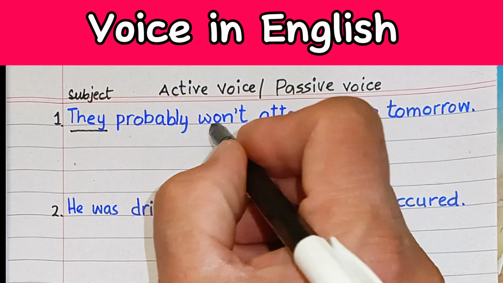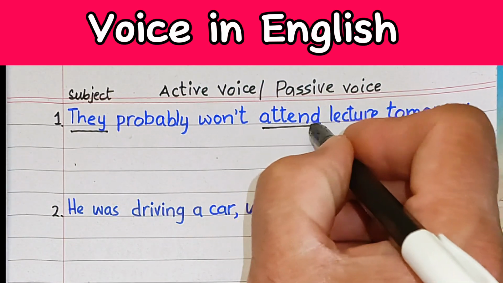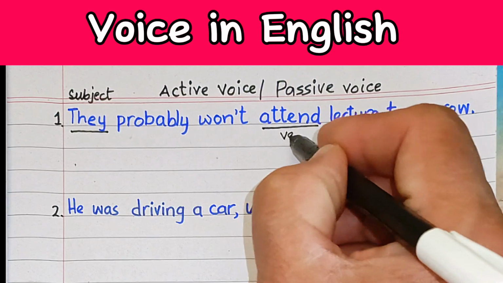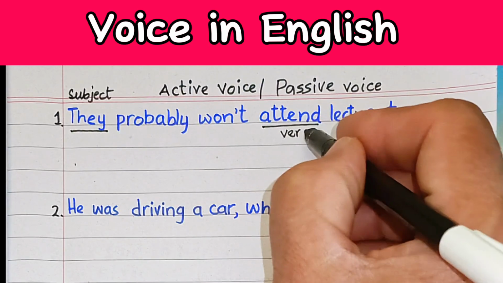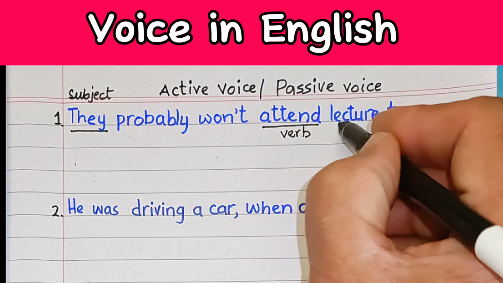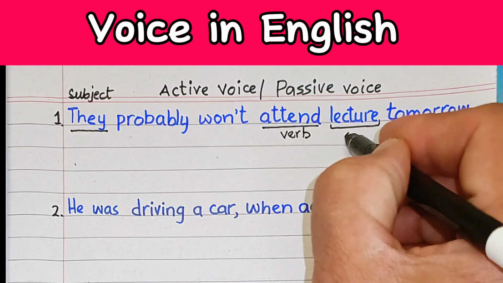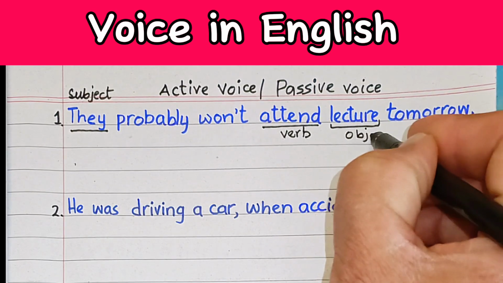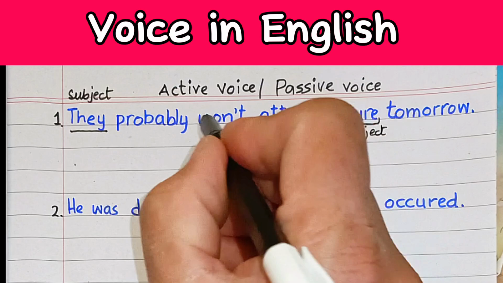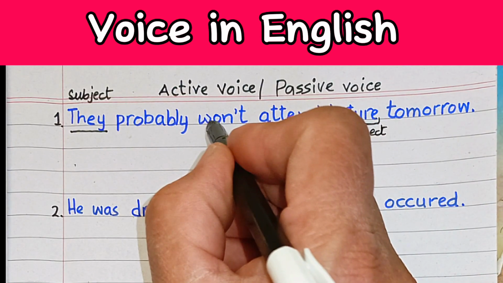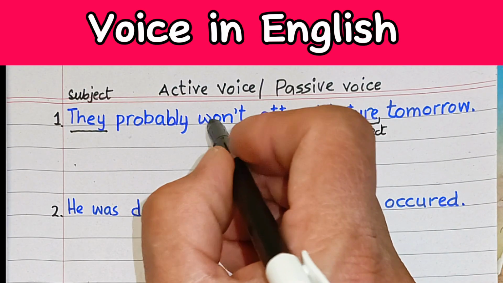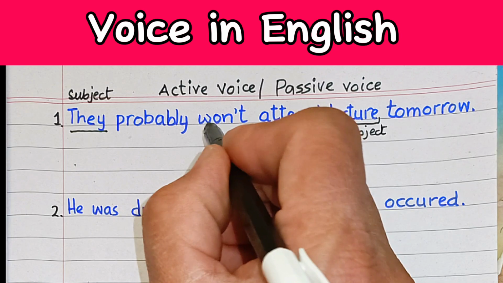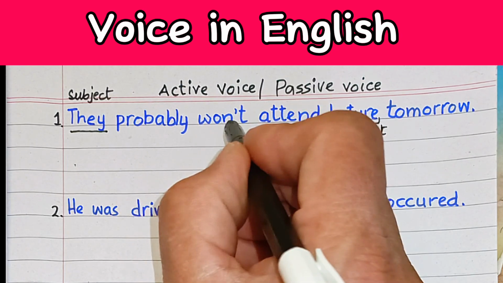Then we have got a verb, that is attend, and then there is an object, that is lecture. Won't is an auxiliary verb, or we may call it a modal, but this is a helping verb.